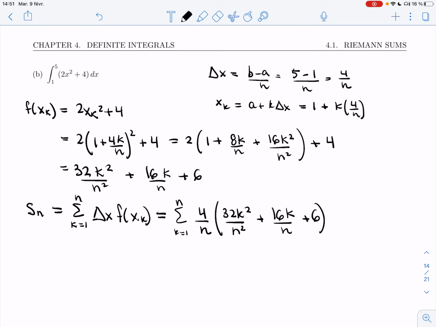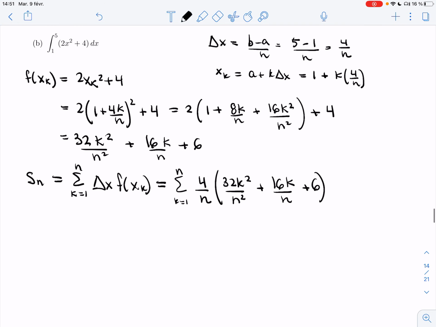I'm going to multiply this 4 over n in. Then I'm going to split it until I get the sum of k squared, sum of 1. Okay, so I can apply my formulas. If I multiply it in, I'm going to get 128k squared over n cubed. Don't forget you have an n here, I kind of missed it. Plus 4 times 16 is 64k over n squared, and then 4 times 6 is 24 over n.